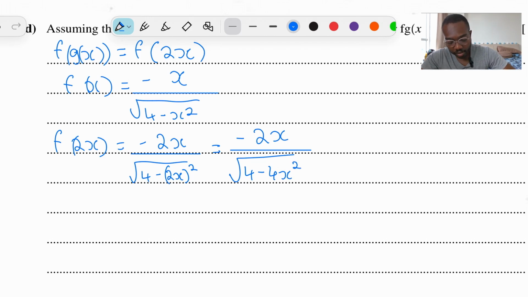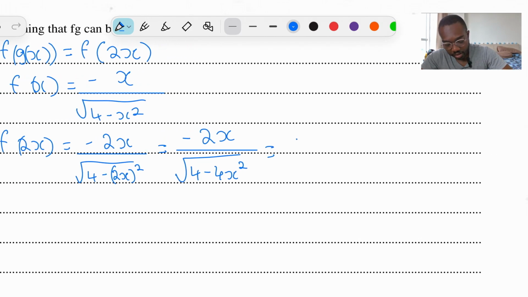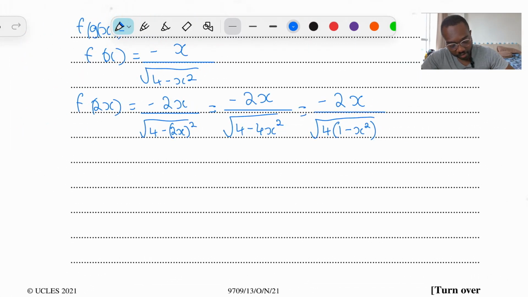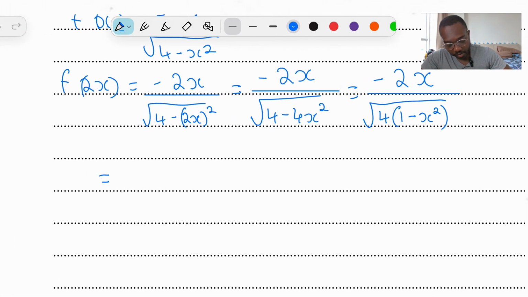And what we can do here is actually take out a factor. So we have minus 2x, and then that is all under the square root. We can take a factor of 4 here, which gives me 1 minus x squared, okay? And because we've done that, if we simplify that down, we get a minus 2x, okay?